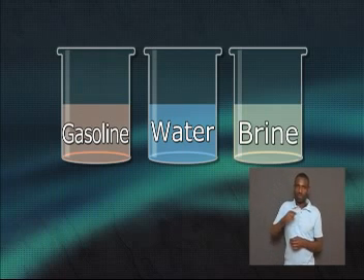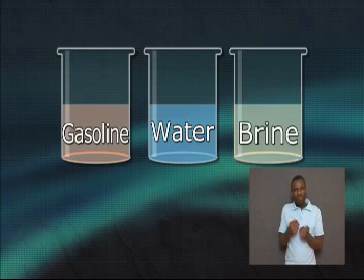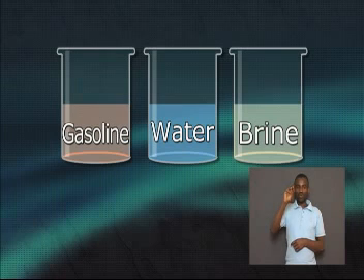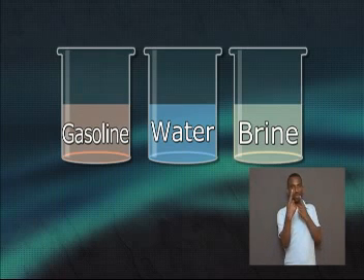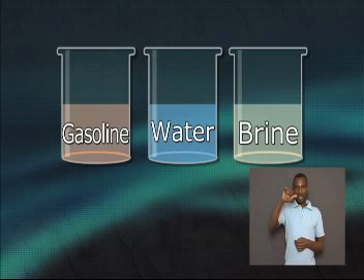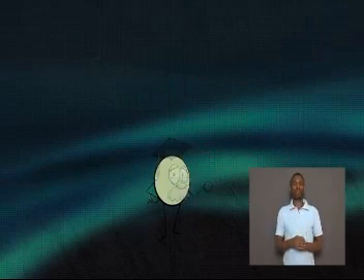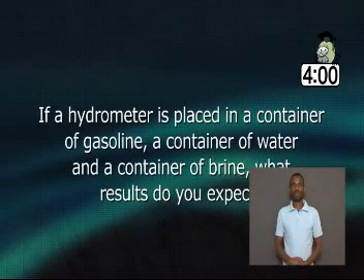Let us say that water has a hydrometer measurement of 1. If you were to put a hydrometer in each container, can you predict the results? Students, let's get ready. Begin.